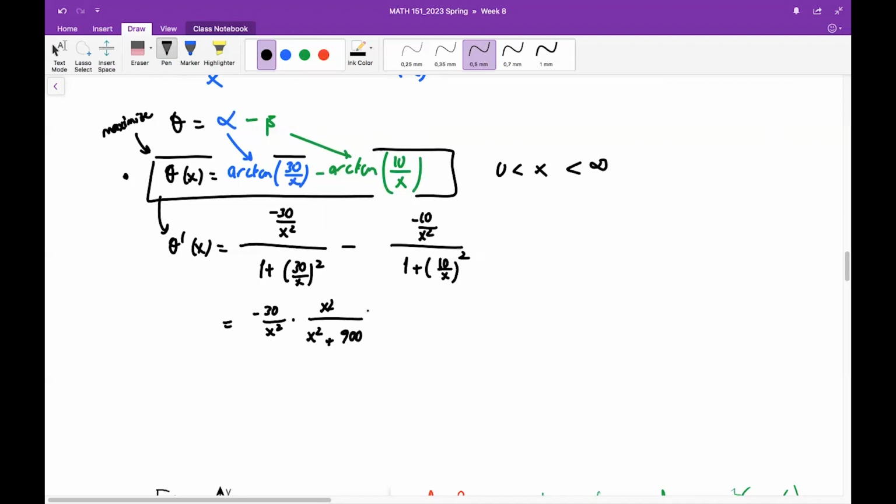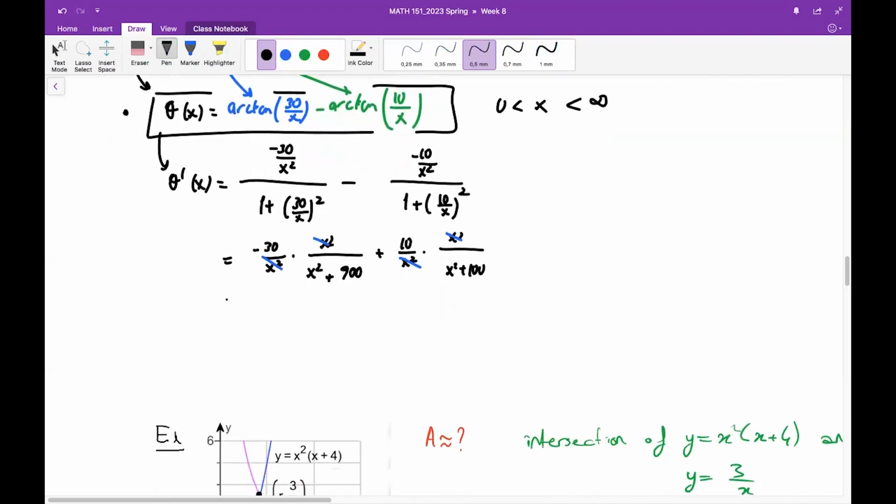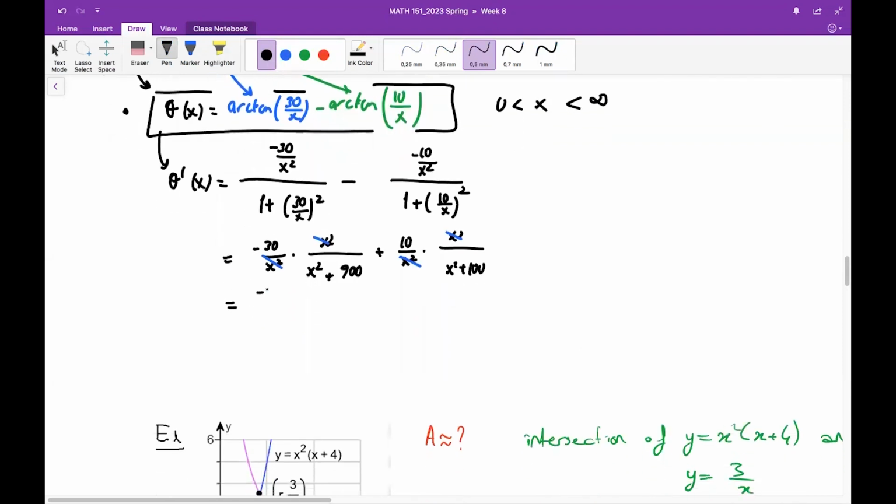And then similarly, you will have 10 over x squared times x squared over x squared plus 100. You have simplifications. This is gone. These two are simplified. So what we have here is minus 30 over x squared plus 900 plus 10 over x squared plus 100.